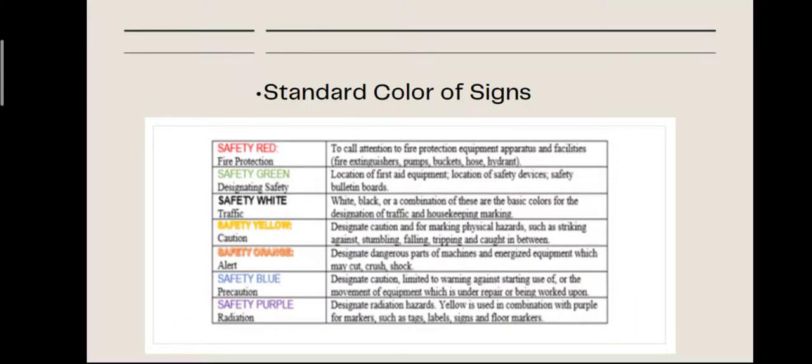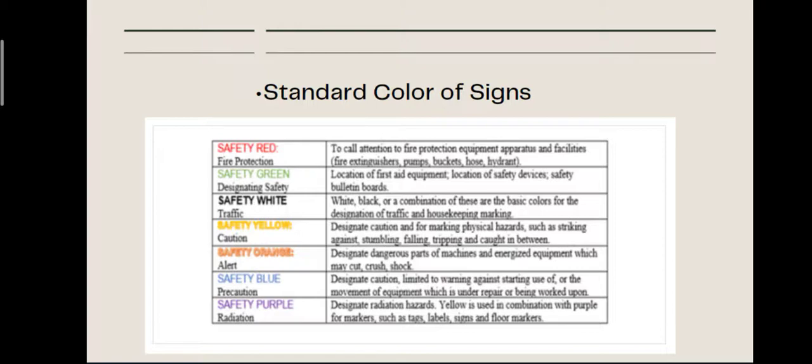For the standard color of signs, safety red, color red for safety, which means fire protection. It is to call attention to fire protection equipment, apparatus, and facilities like fire extinguishers, pumps, buckets, hose, hydrant.